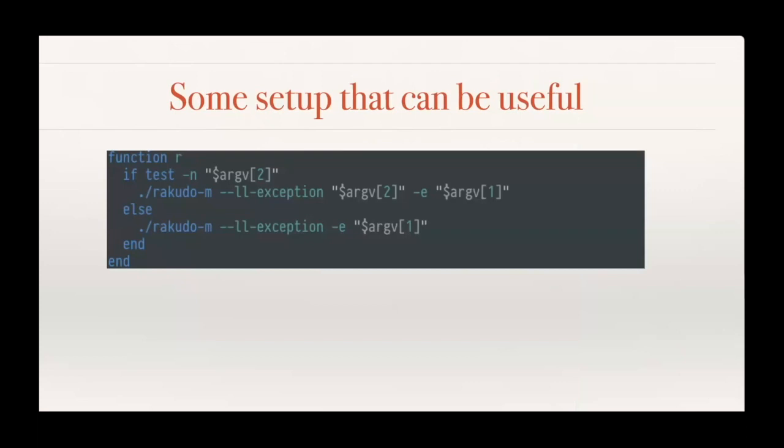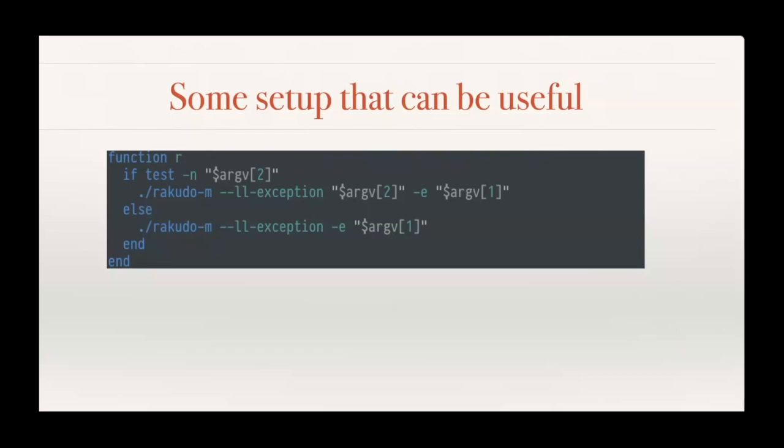This is the one that I wish I had implemented at the beginning. So this is R, and it only works when I'm in the Rakudo directory itself, as it tries to call the local Rakudo M. But what it really does is it transposes an argument from the end to be a command line argument for Rakudo M. And that's really useful so that I can ask it to give me a target out AST or target cast without having to scroll all the way back through my one-liner.